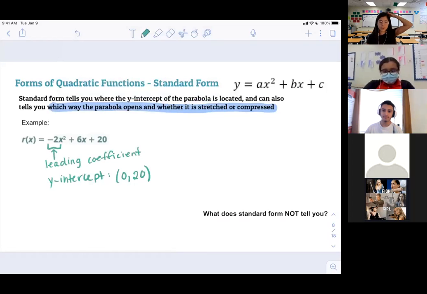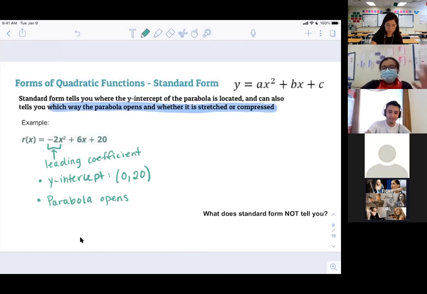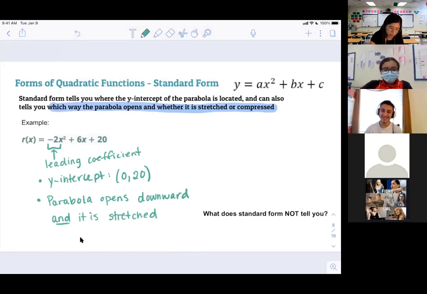Since that leading coefficient is negative, what do we know? The parabola will open down. Good. Downward. And is it going to be a stretch or a compression? Stretch. Good. So it's going to be skinny.